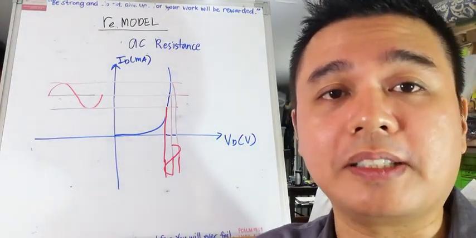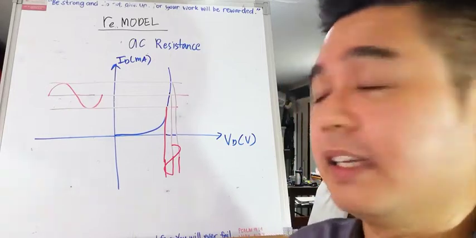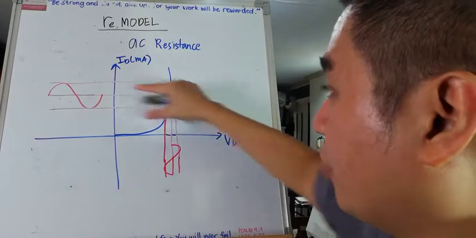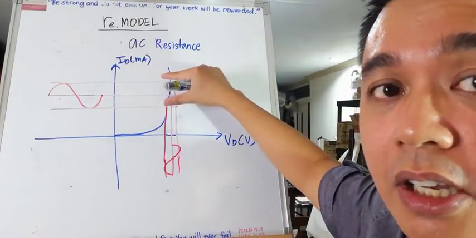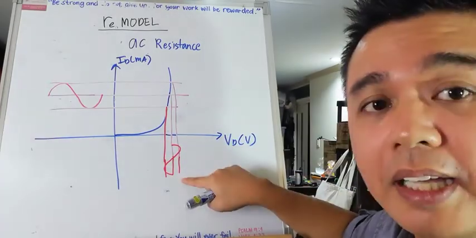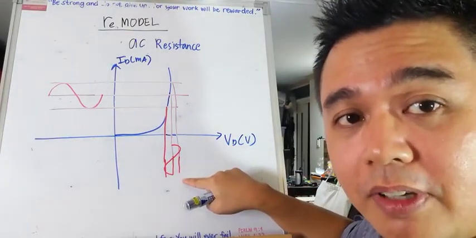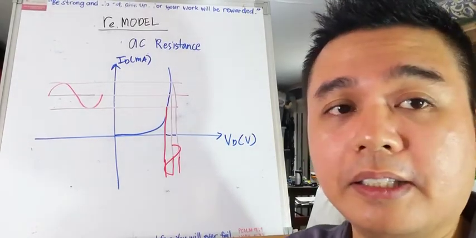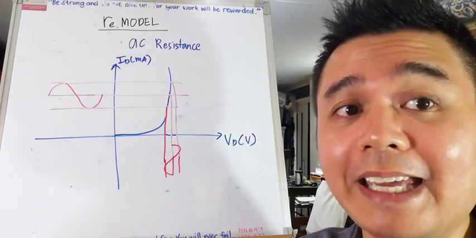Hindi kagaya nung sa DC resistance kanina, fixed lang siya. No? So it will vary between these 2 points. Okay? So habang nagbabago yung kuryente natin, may corresponding na pagbabago rin sa ating voltage. Alright? So yan yung magiging effect sa voltage and sa current ng ating diode kapag ang in-apply natin ay AC.